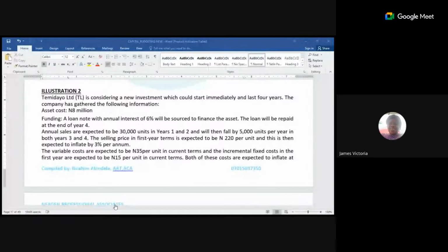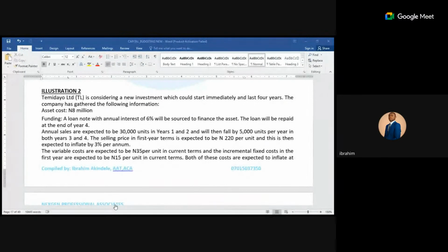Funding: a loan note with annual interest of 6% will be sourced to finance the assets. The loan will be repaid at the end of 4 years. Now, is this loan a relevant cost? Class, is it relevant?